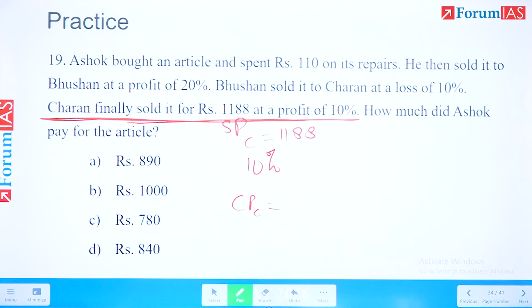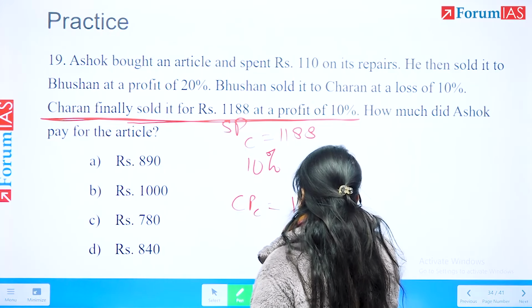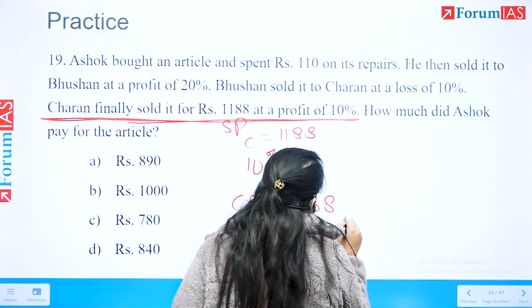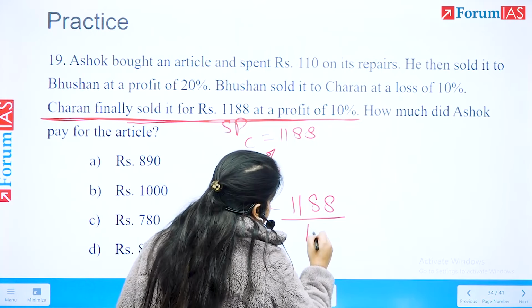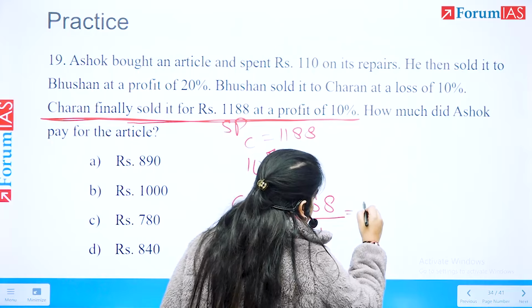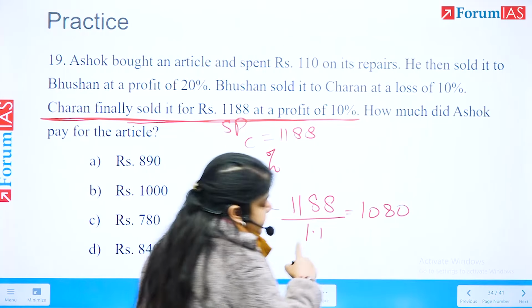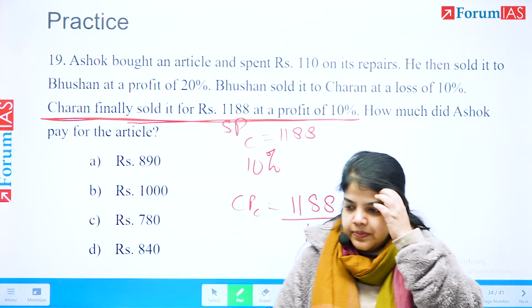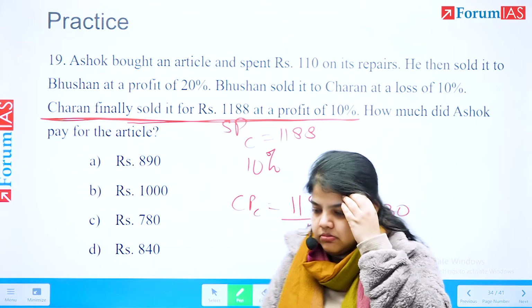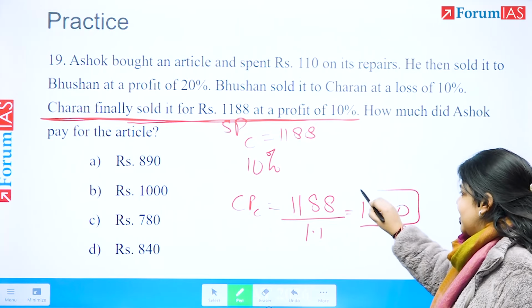So what will be the cost price? 1188 divided by 1 plus 10%, 1.1. 1188 is directly divisible by 11. It becomes 1188 by 11 into 10, 108 into 10, 1080. Now this is the cost price of Charan.